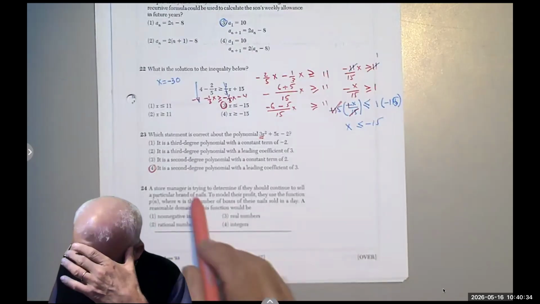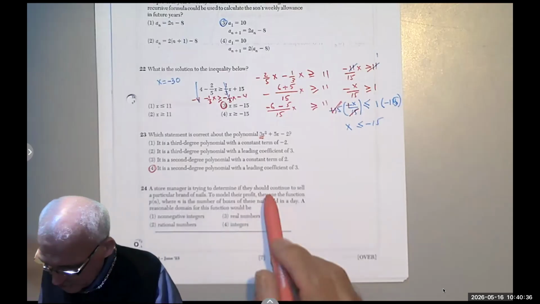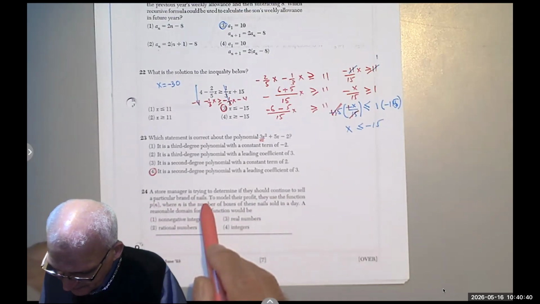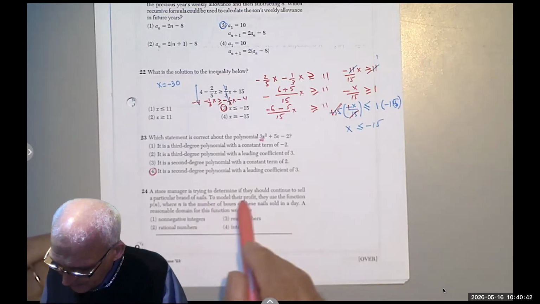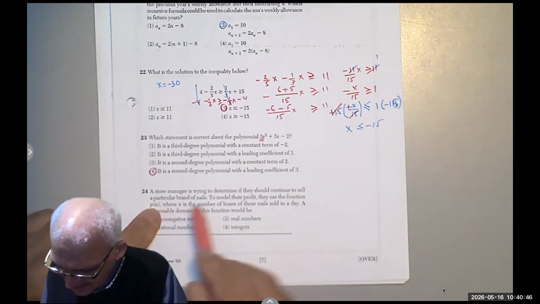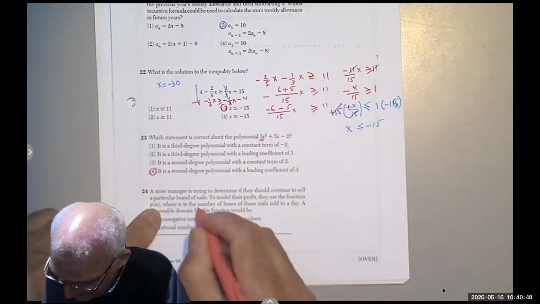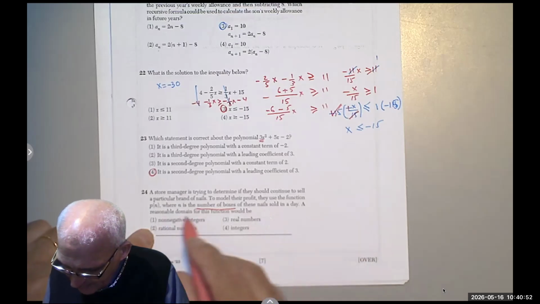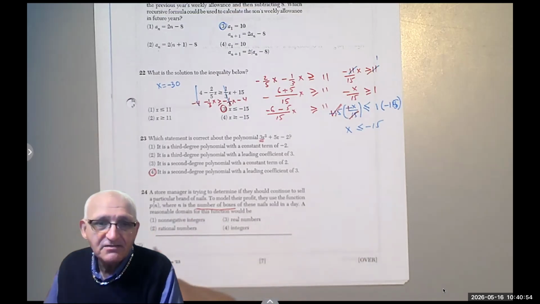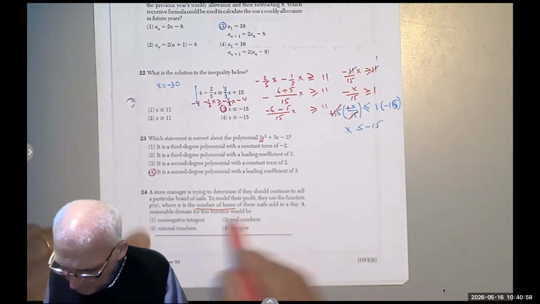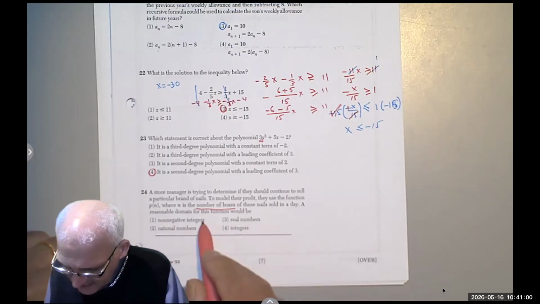And finally, the last question. A store manager is trying to determine if they should continue to sell a particular brand of nails. To model their profit, they use the function P of n, where n is the number of boxes of these nails sold in a day. A reasonable domain for this function, domain meaning the values of x or n in this case, would be non-negative integers.